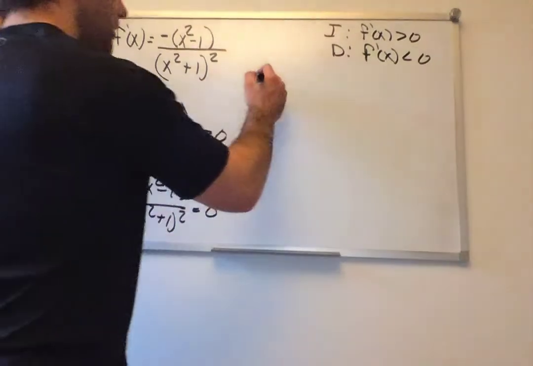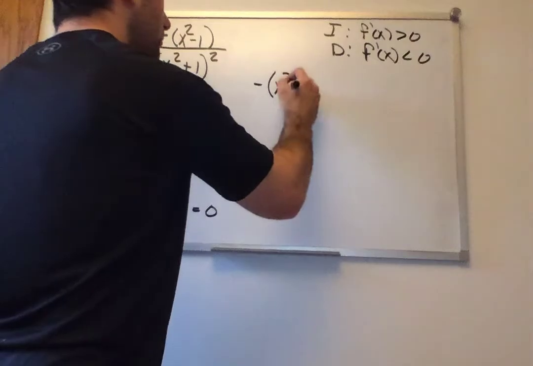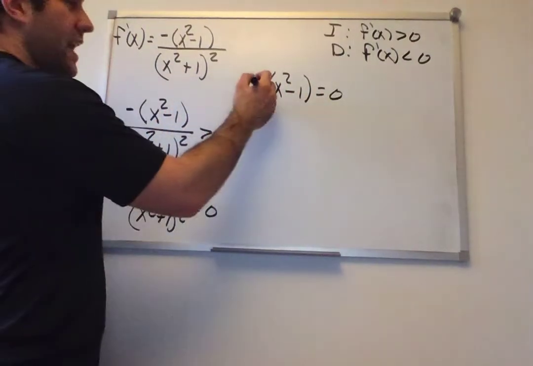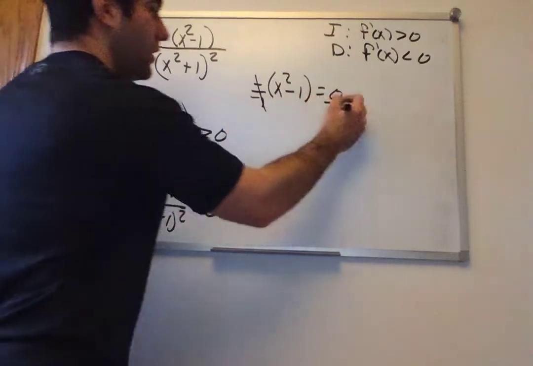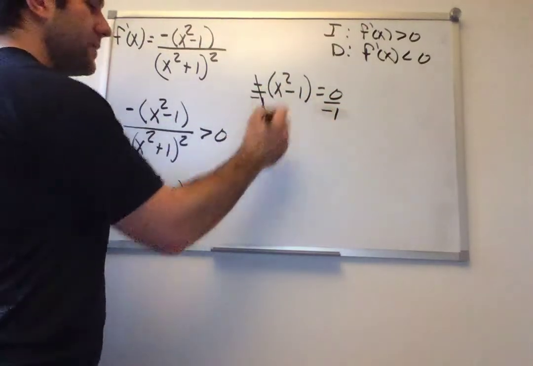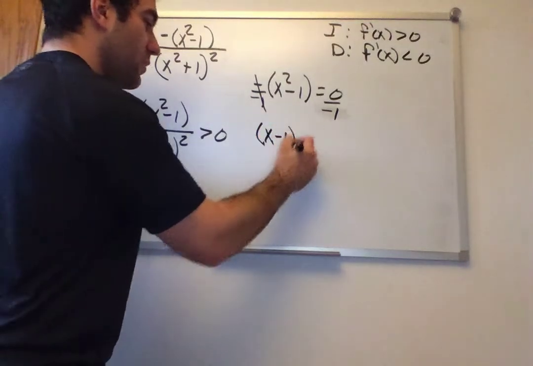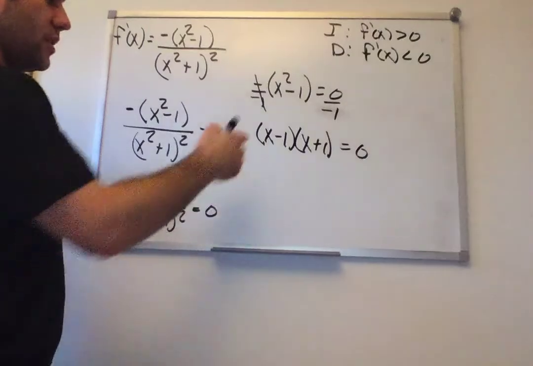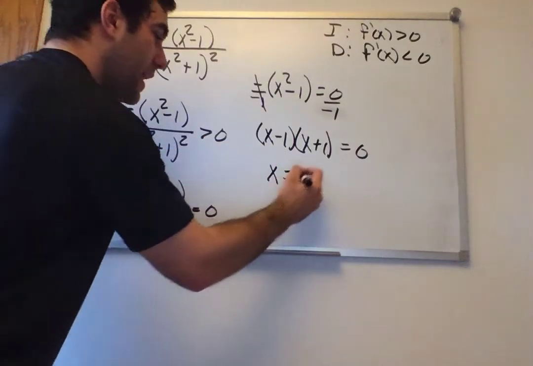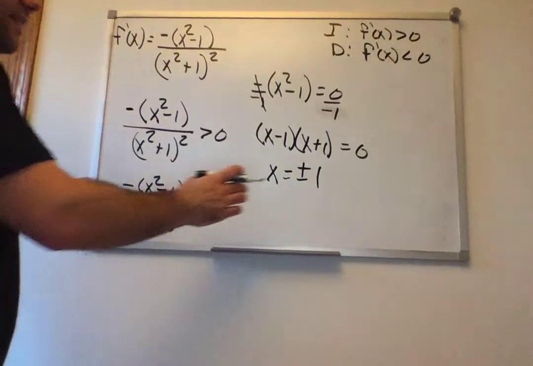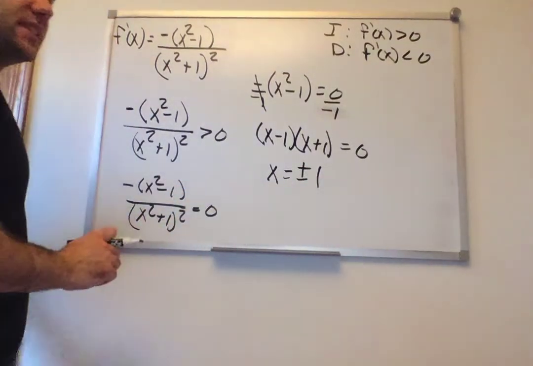So I'm going to take the numerator and set it equal to 0. Well, this negative, I can just divide by negative 1 everywhere, and it'll just cancel. And then this factors into x minus 1 and x plus 1 equals 0. So from here, we find x is equal to plus and minus 1. This is where the function is equal to 0.